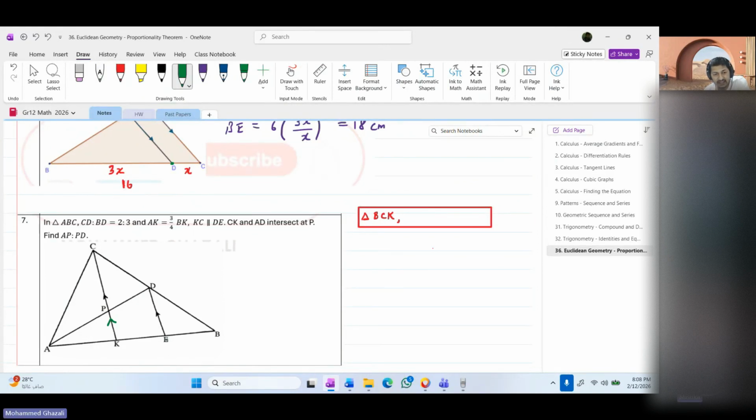Now you have another triangle, which is ADE. Is there one more? ADE and BCK.